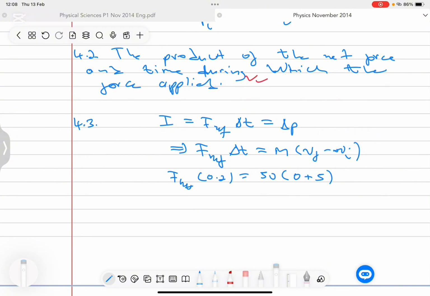At this stage, this problem becomes very boring. Because what we're going to do here is divide both sides by 0.2 so that the 0.2 cancels and I'm only left with the net force on this side. And here I have 50 times (0 plus 5) over 0.2.